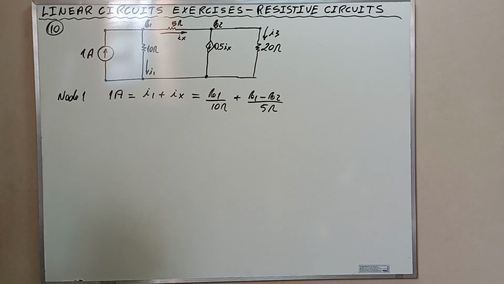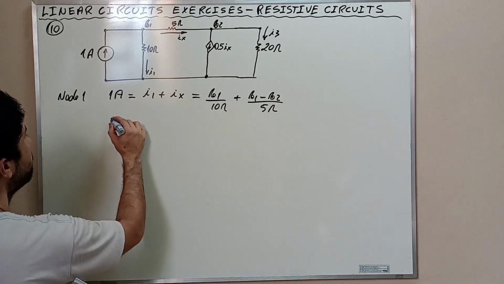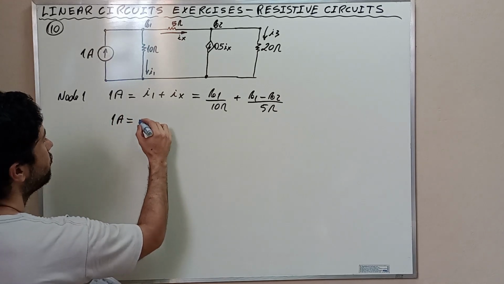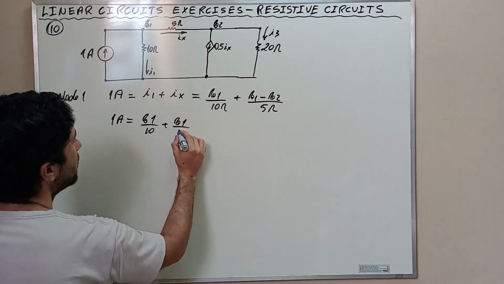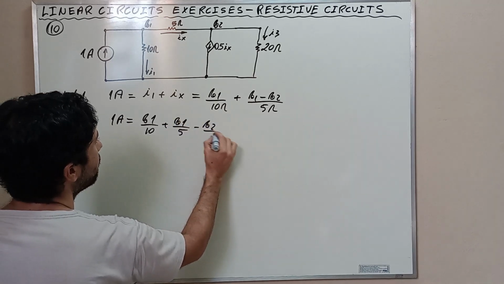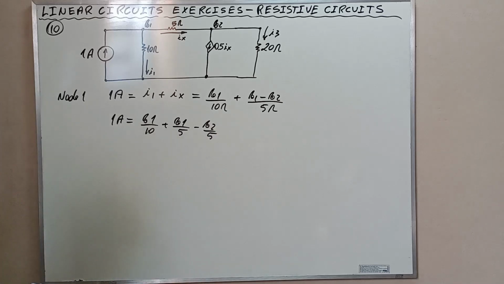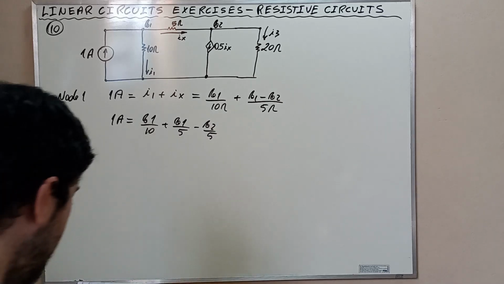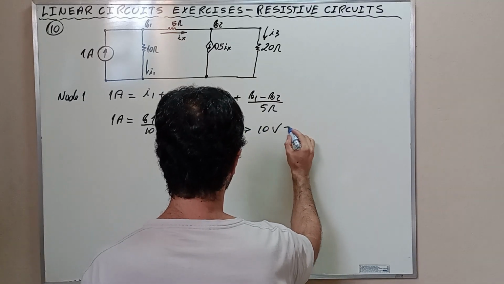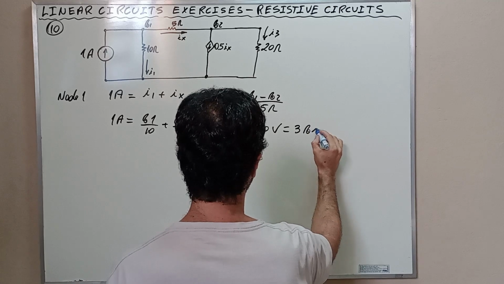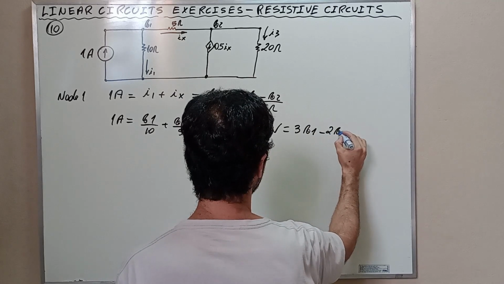Okay, my friends, this is the equation for node 1, and we are going to manipulate it. As we did in the previous exercise, we are going to do as follows: V1 divided by 10 plus V1 divided by 5 minus V2 divided by 5, just separating the terms, and after manipulating we find that 10 volts is equal to 3 times V1 minus 2 times V2.